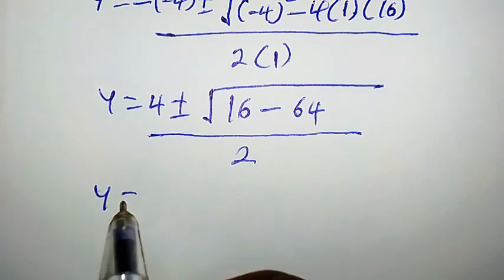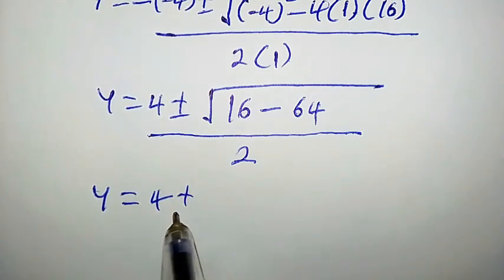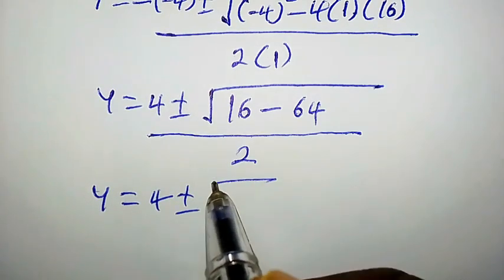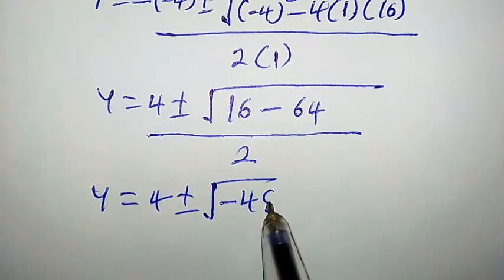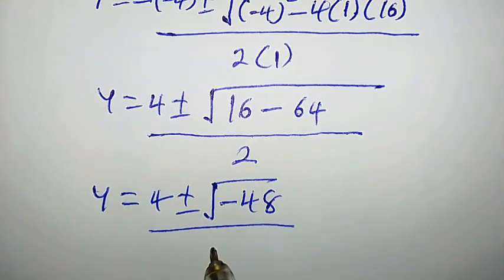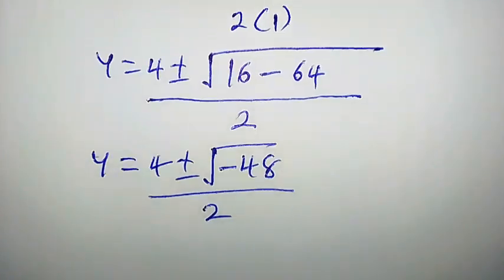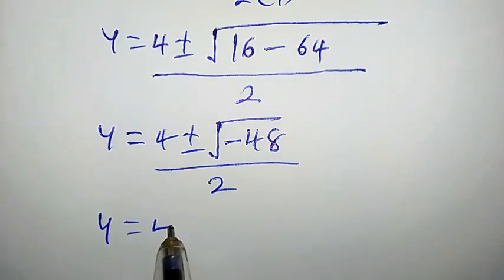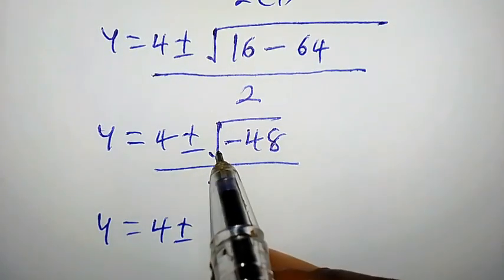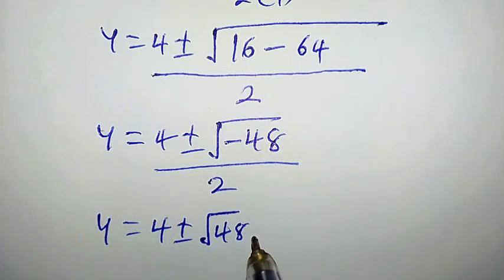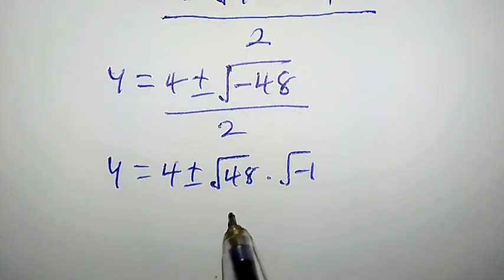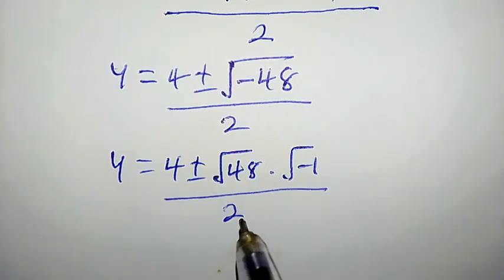So y equals 4 plus or minus square root of 16 minus 64, that is negative 48, all over 2. y equals 4 plus or minus square root of negative 48, which could be written as square root of 48 times square root of negative 1, over 2.